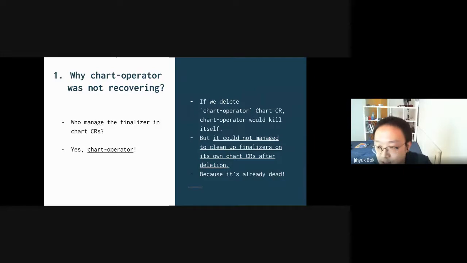This will result in the deletion of the chart operator chart CR in the tenant cluster, so the chart operator will kill itself. But there's one problem. It could not manage to clean up the finalizers on its own chart CR after deletion, because the chart operator's pod is already dead. It's already cleaned up, so there's no chance to clean up the finalizers.